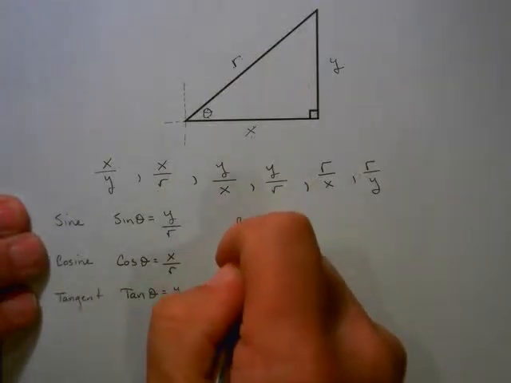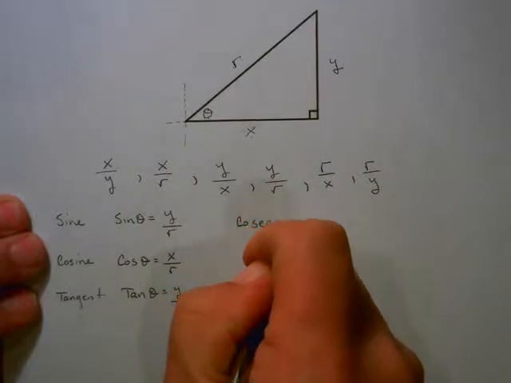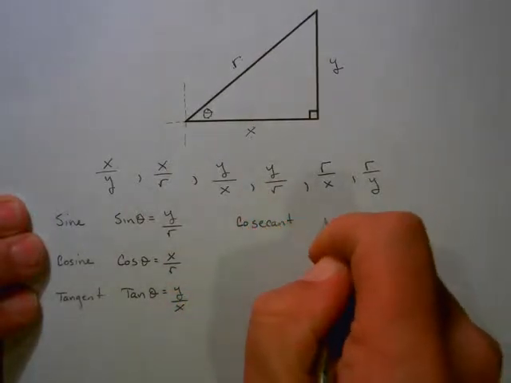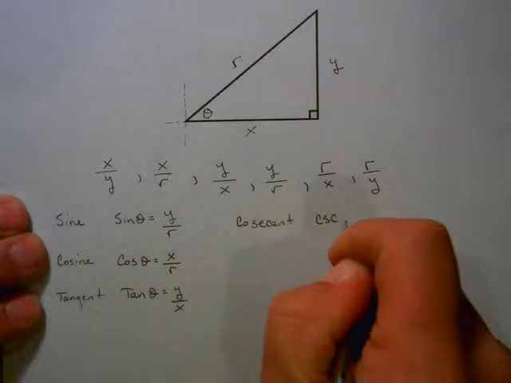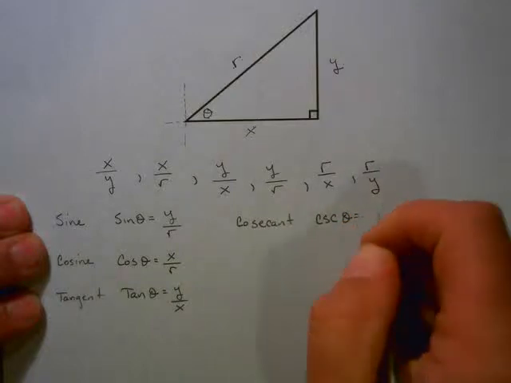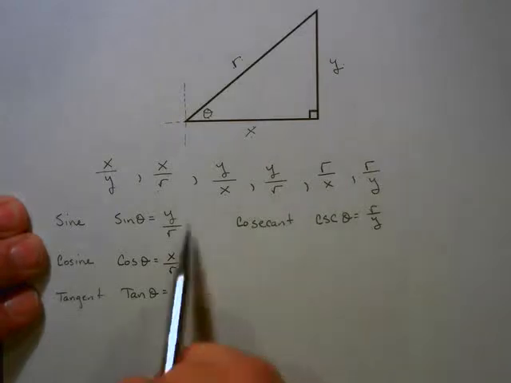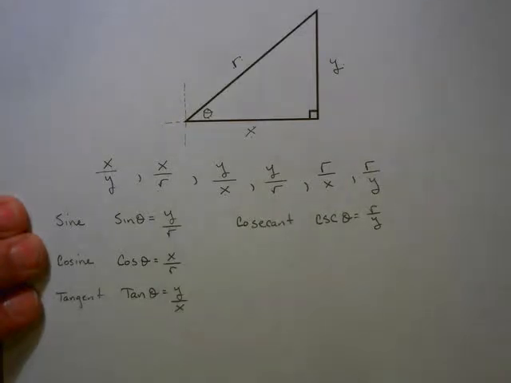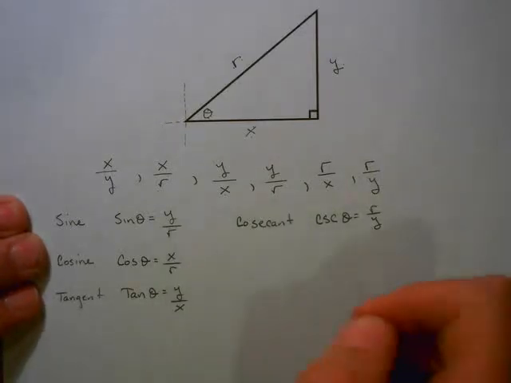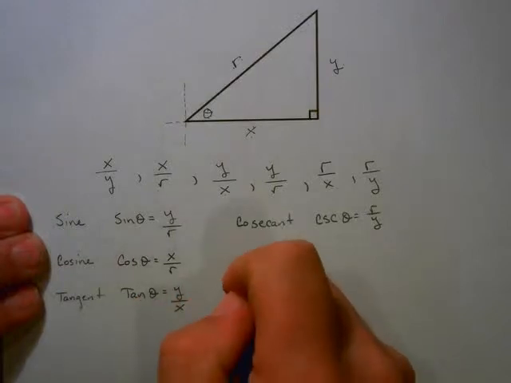Then we have cosecant, which is CSC of our angle, equal to r over y. It's the reciprocal of sine, and we'll talk about that again shortly.